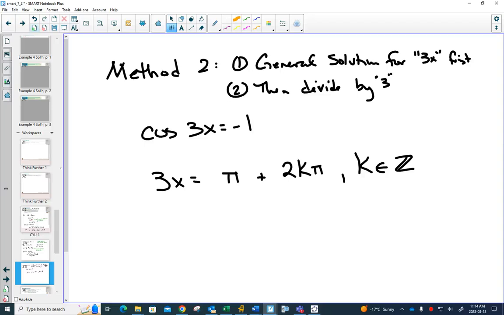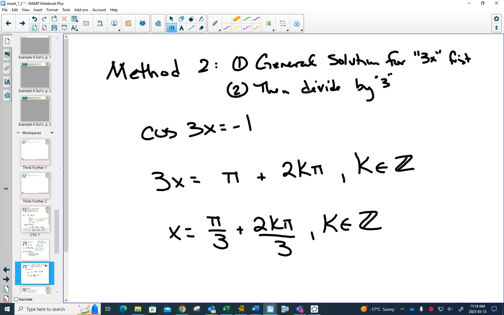Next, if I wanted to get x by itself, I'd have to divide by 3. And I would get pi over 3 and I'd also have to divide the 2k pi by 3.